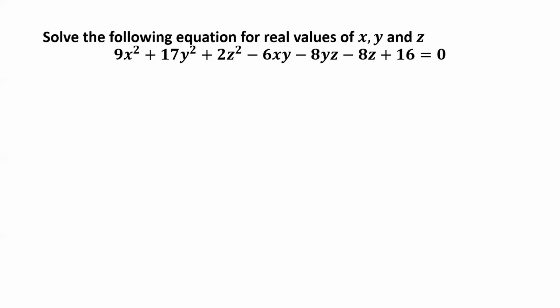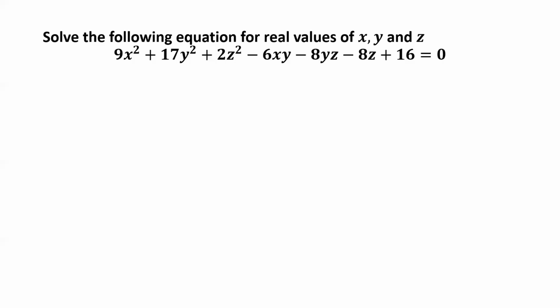For one thing, we have to realize that when you have a problem like this, with squares of variables and multiple variables, and it's asking for real values, there is a little bit of a rule or a trick that you can apply.